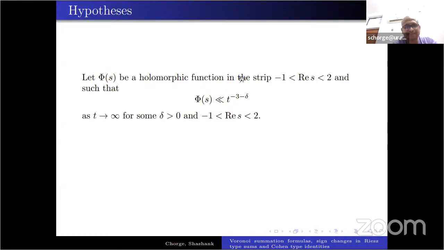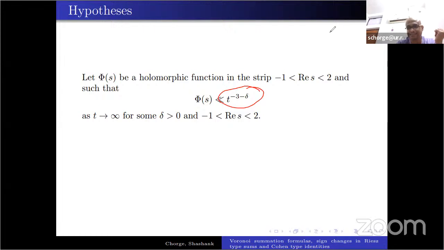First, let's set up some hypotheses. Let phi of s be a holomorphic function in the strip -1 to 2. So this is a vertical strip, and phi of s has a certain decay rate. We need this restriction as t goes to infinity in the strip.